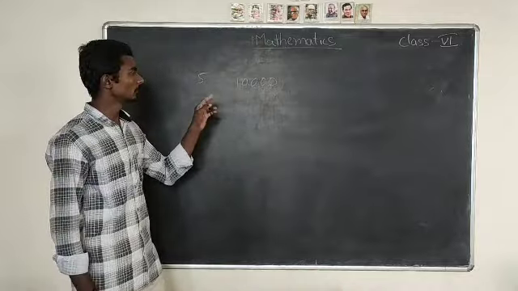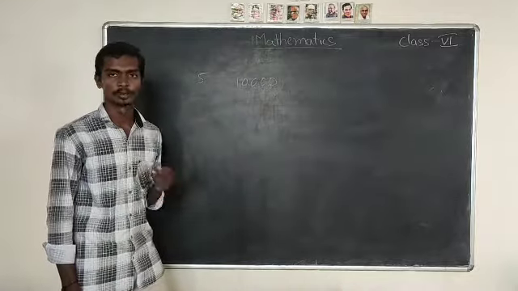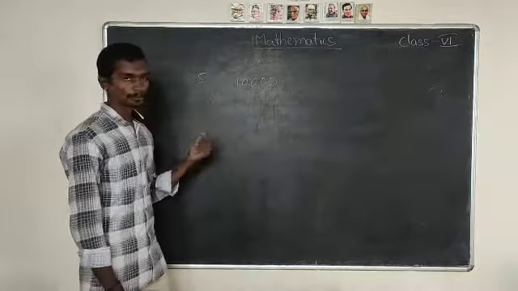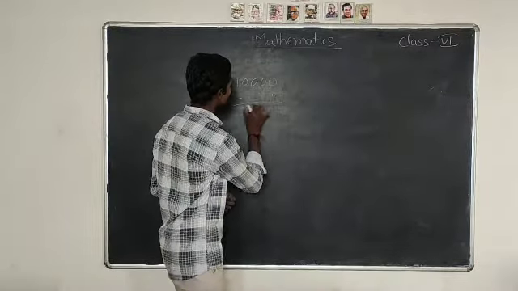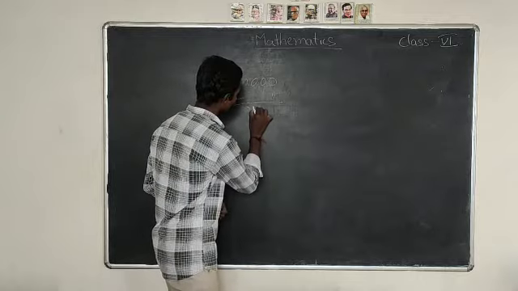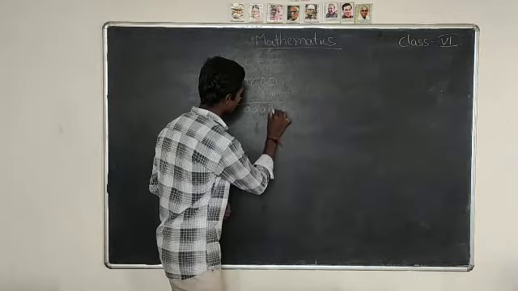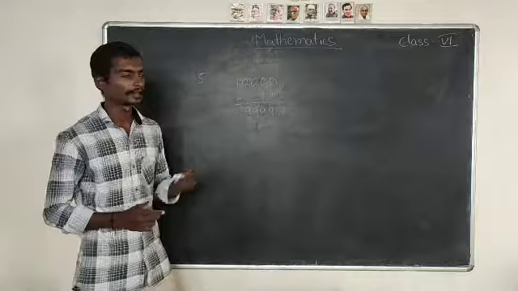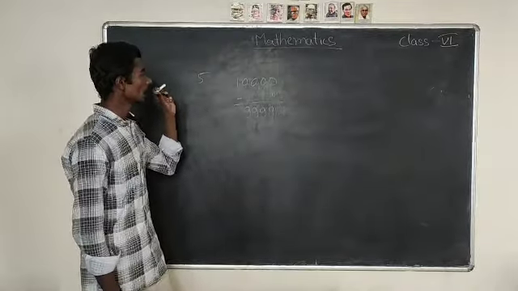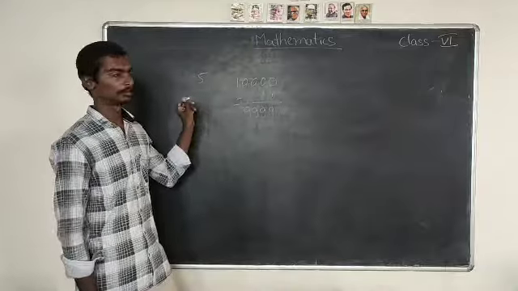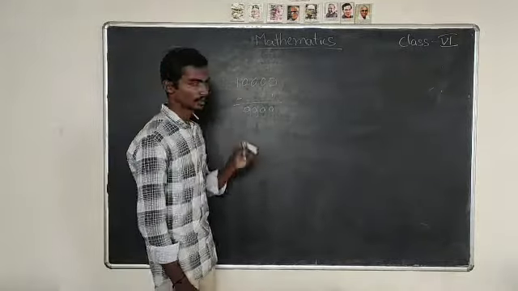This number will be your lowest 5-digit number. How? If we reduce it by 1, what will we get? We will get a 4-digit number, that is 9,999. So what I asked you, which is the lowest value 5-digit number, that will be your 10,000.